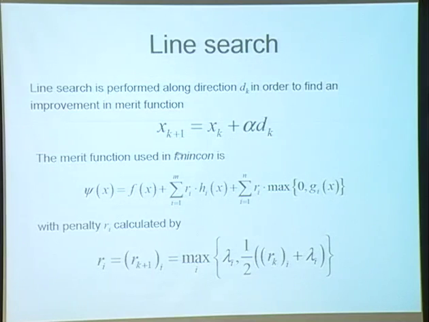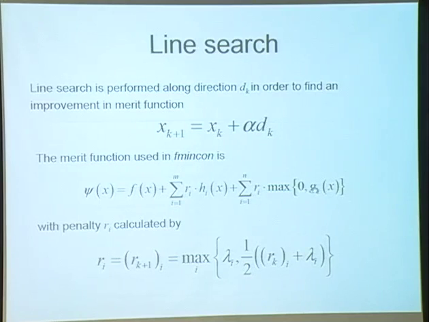And in FMINCON, the particular merit function that's used is this one, and as you can see, it incorporates your objective function, equality constraints, and whichever inequality constraints are violated. So if none of them are violated, you'll simply get a 0.